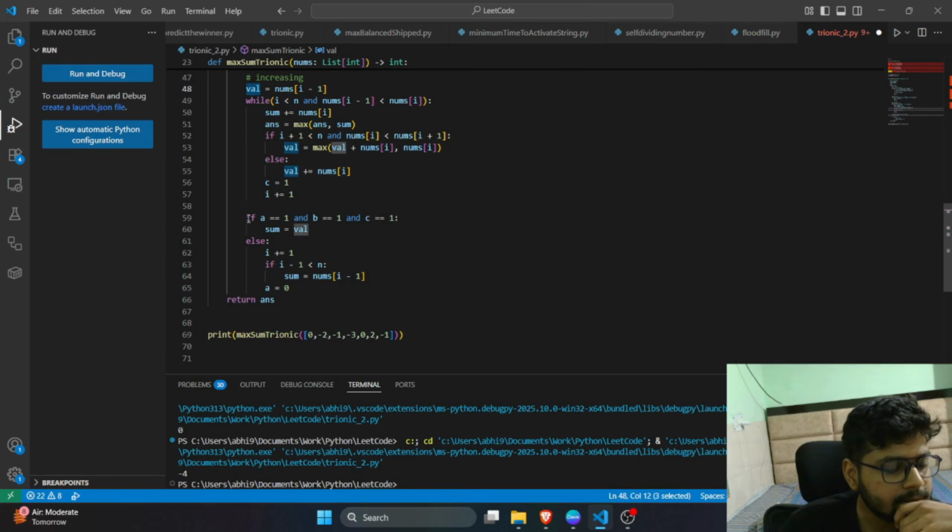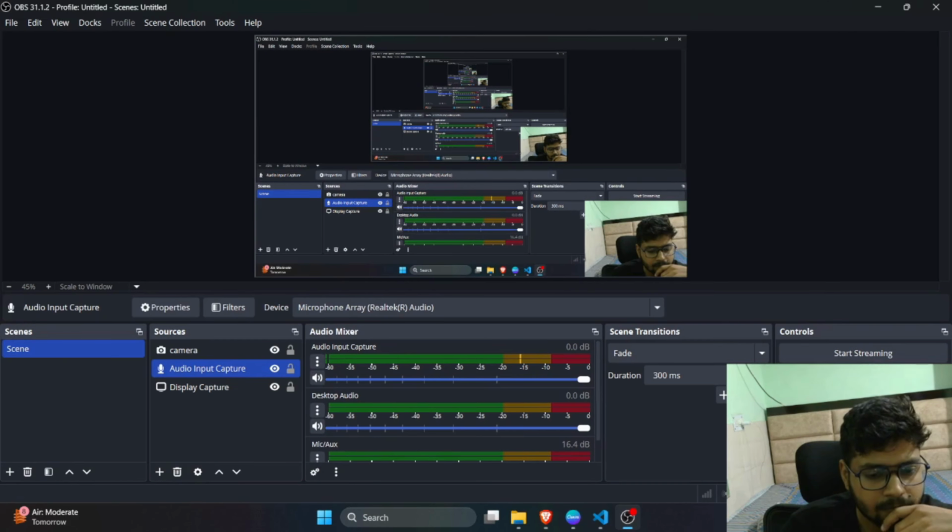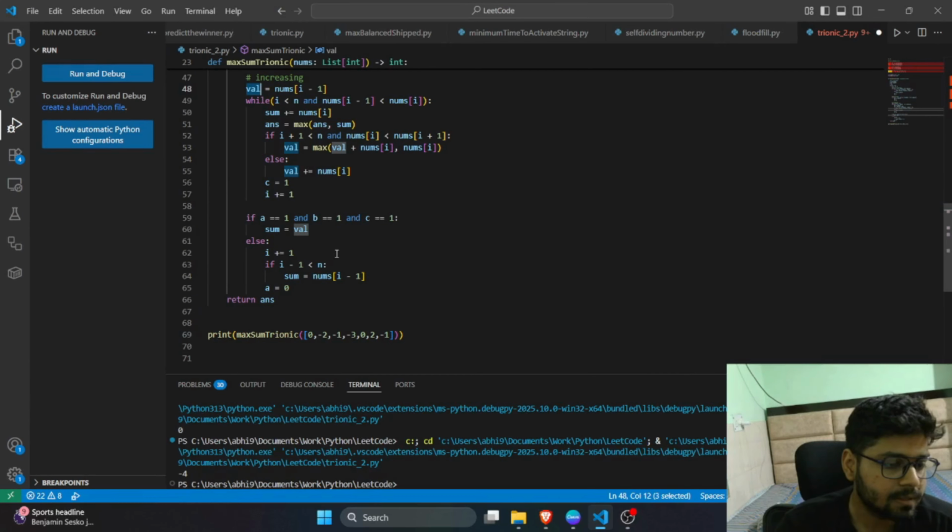And after that we will be, okay, so where were we? So the intention of value here is calculating the maximum sum of the first increasing point that we can take for the next iteration itself.